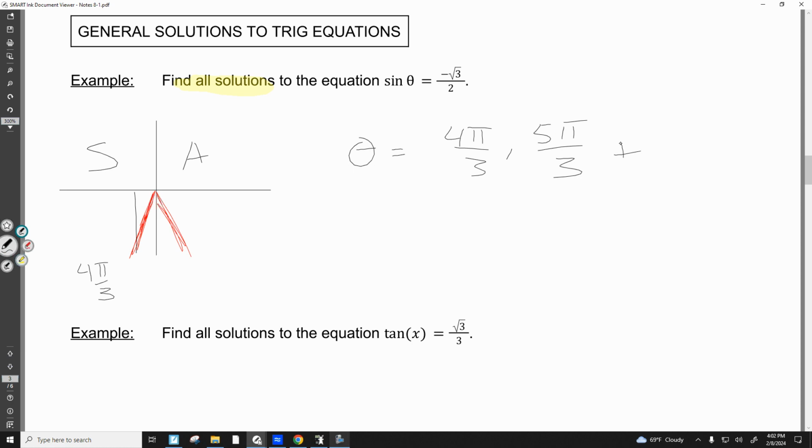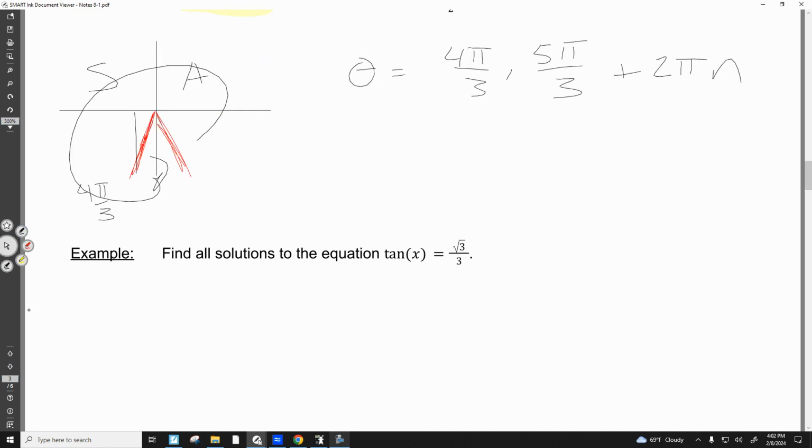We can just add multiples of 2 pi to get our co-terminal angle. You don't want to subtract because n includes negatives. Got it? Cool. So this would be an expression for all my solutions.